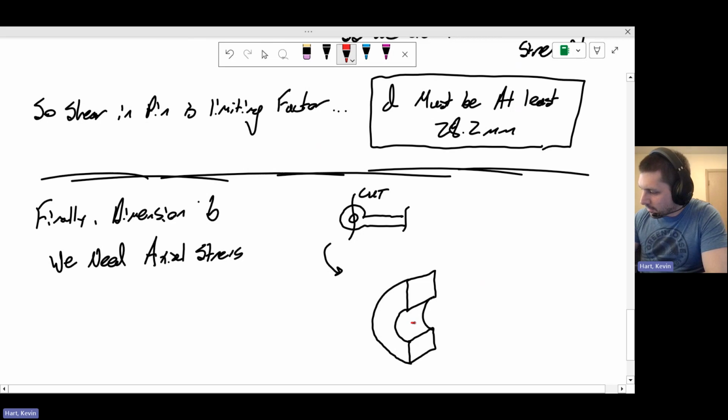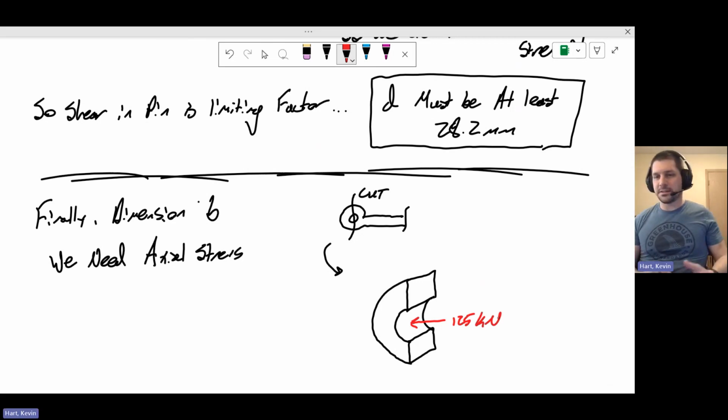I have 125 kilonewtons that I know is pressing against this back face. 125 kilonewtons. And the internal structure of the tie rod must also balance that out, right? So internally, you have a lot of these little forces that are holding on to balance that 125, right? Since that's what we cut through to hold on to that load.